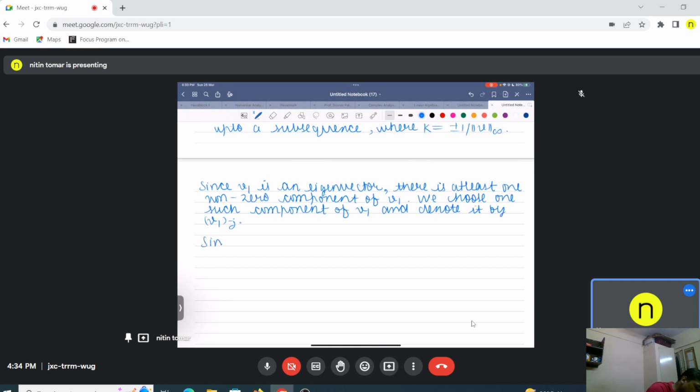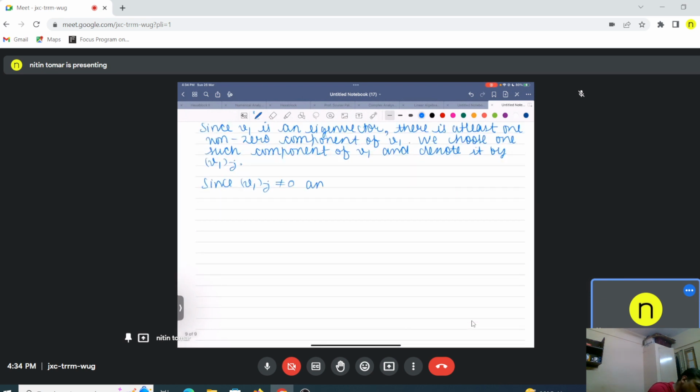Now again, since v1j is non-zero, and yjk plus 1 converges to k lambda 1 v1j as k goes to infinity, what does it mean?